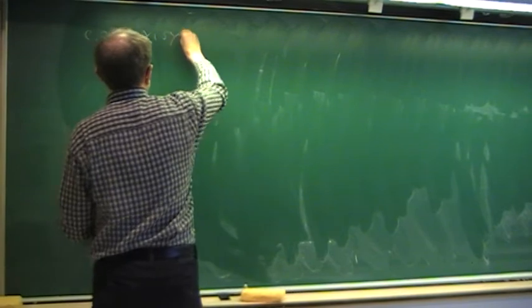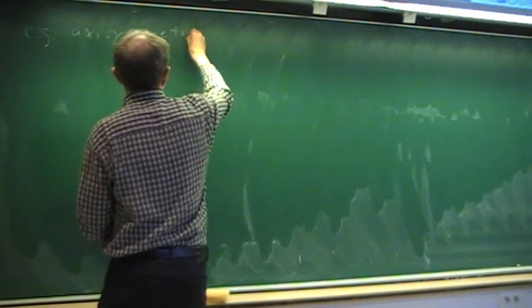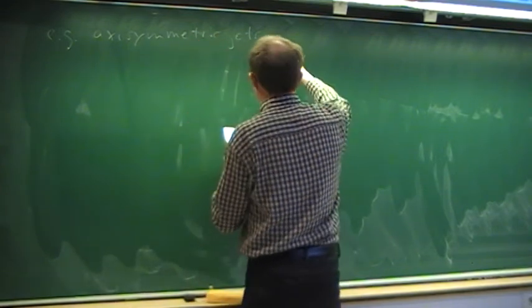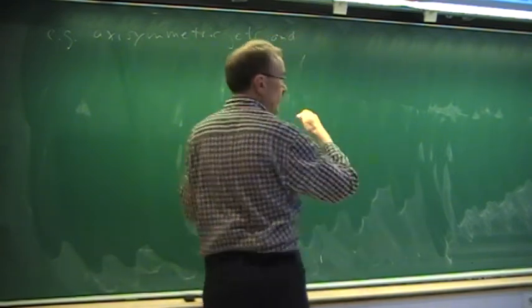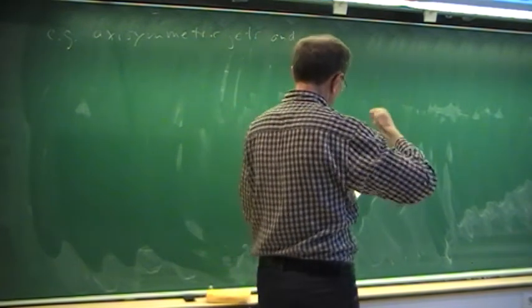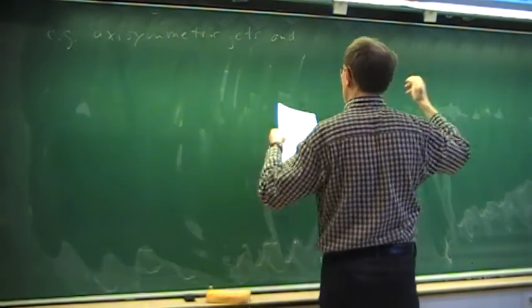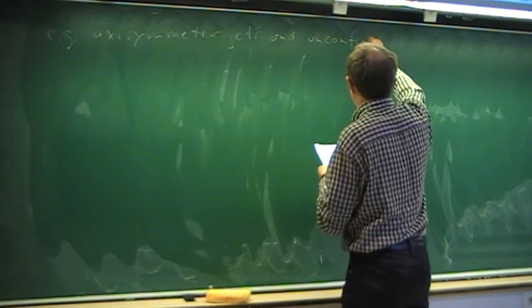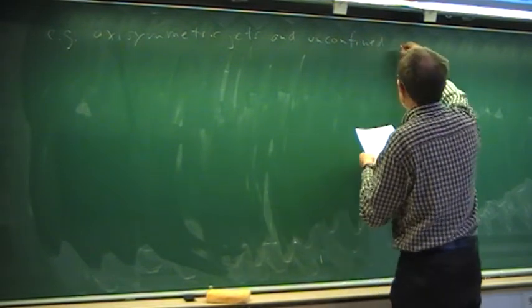For example, axisymmetric jets, and unconfined, that is not in a pipeline or with a boundary, but in free space, unconfined recirculating flow.